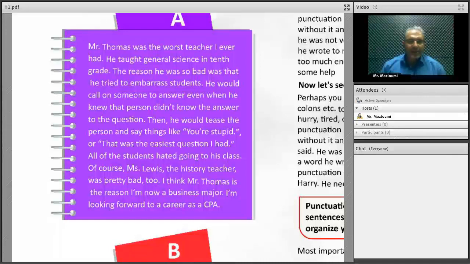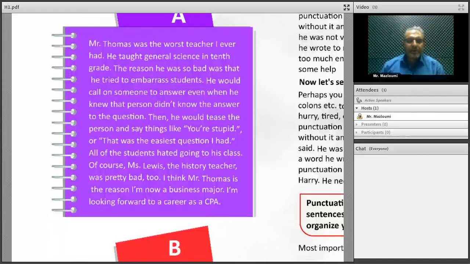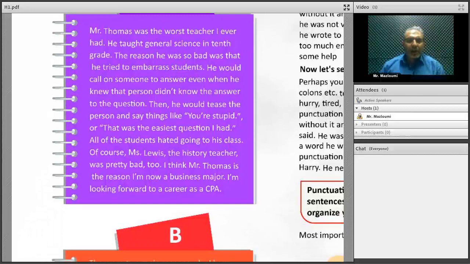Just cross it out. Then the writer goes on, I think Mr. Thomas is the reason I'm now a business major. So what? Related? Of course not. Cross it out too, please. And I'm looking for a career as a CPA.